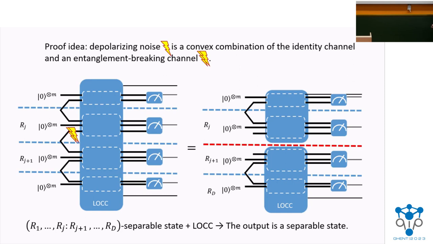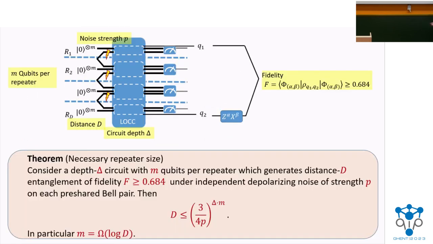Then our noisy input state would be Rj, Rj plus 1 separable, and applying LOCC doesn't really help us get more entanglement. So basically, this is the main idea of this very easy theorem. And then a natural question would be: what is the sufficient size of the repeater station?